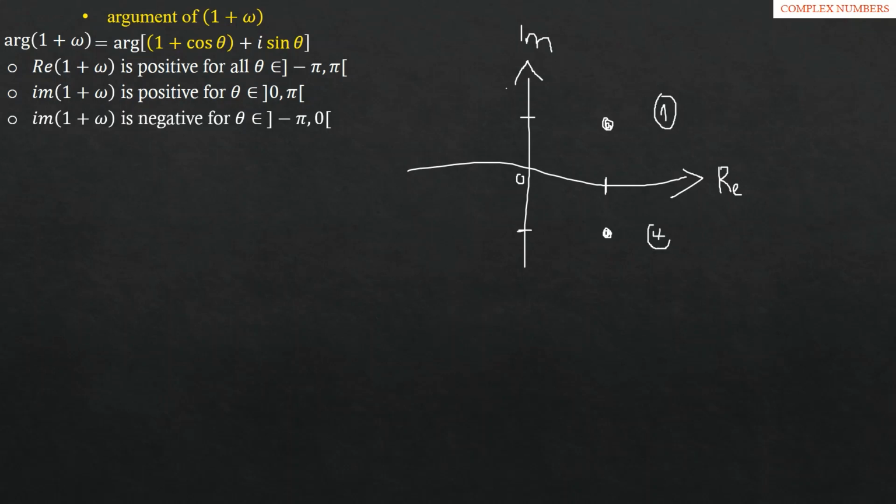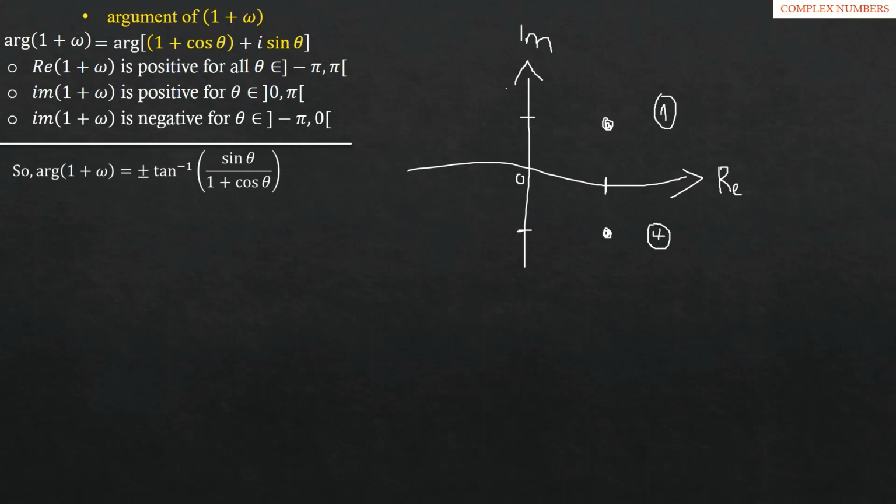So we are going to use the respective formulas. Lying in the first quadrant, the argument is just tan inverse of the imaginary part over the real part. The imaginary part is sin theta, and the real part is 1 plus cos theta. Lying in the fourth quadrant, the argument is negative tan inverse of the imaginary part over the real part.